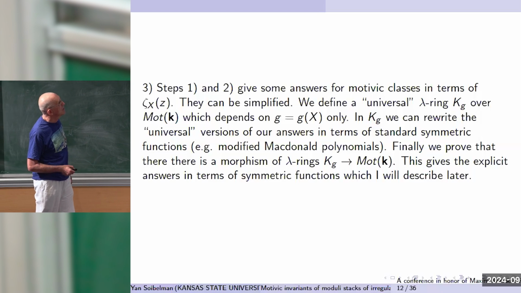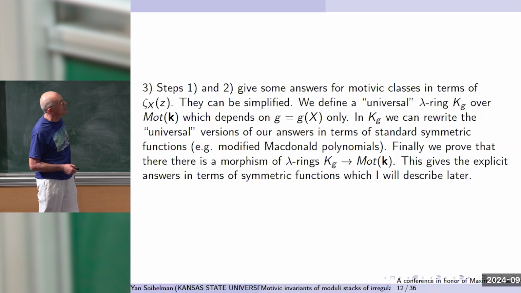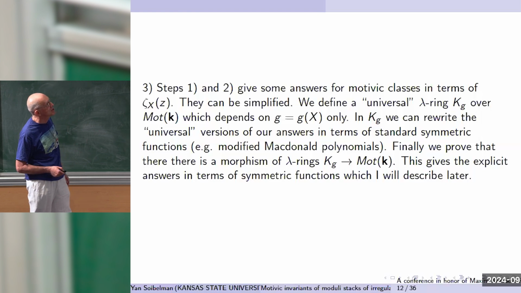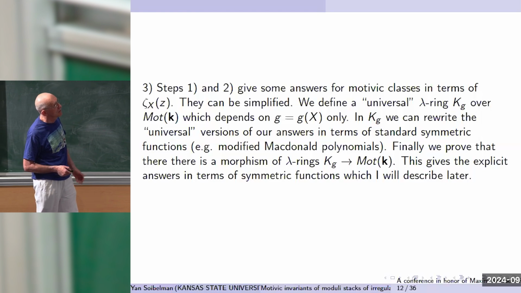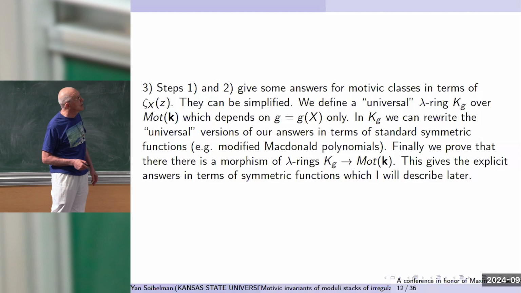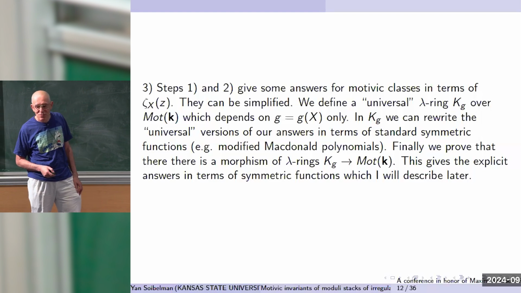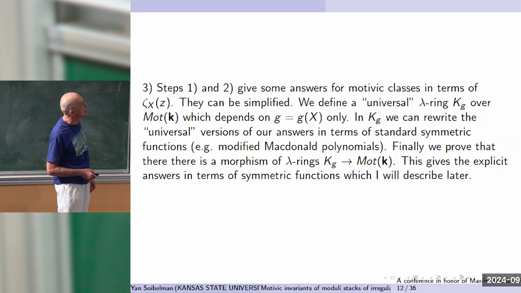And finally, we prove that there is a morphism of lambda rings from this universal lambda ring, where the answers are simplified, to the ring of Motivic functions. This will give very explicit formulas, which I will show you later.